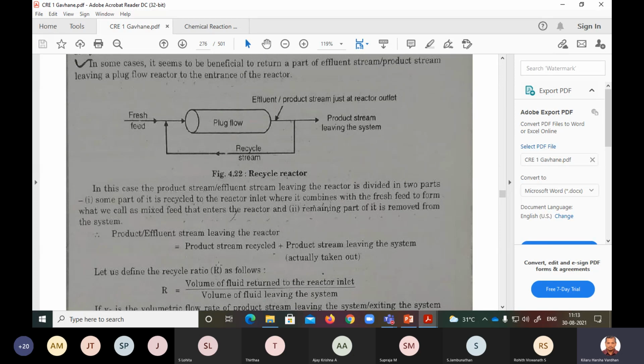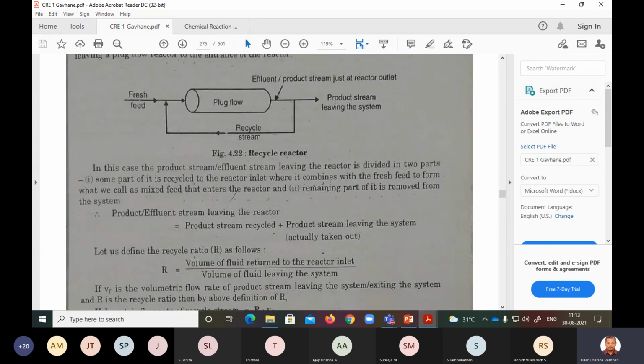That is what he is giving you. So let us define a recycle ratio, capital R. What is capital R? The volume of the fluid returned to the reactor inlet to the volume of the fluid leaving the system. So how much is being returned to how much is leaving the system.